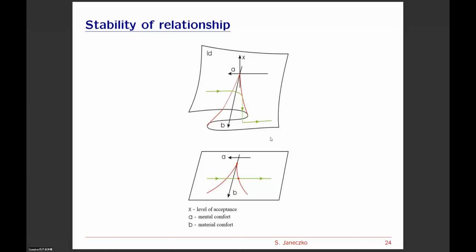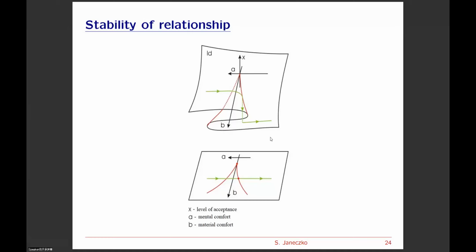And B, material comfort, is also relatively big. So you have very good material comfort in the couple. But you forget about mental, about psychological. You stop giving her flowers or saying nice things to her.